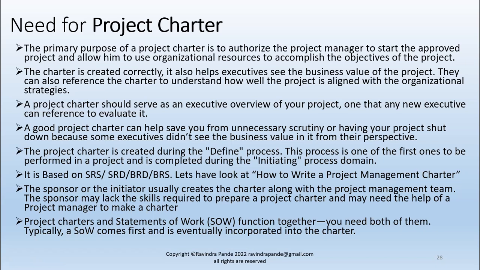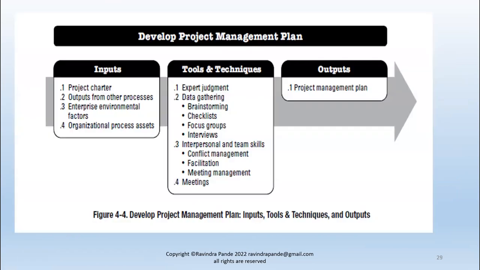SRS is the system requirement specification, the system requirement document, the business requirement document, or business requirement specification. These documents are labeled in so many ways. Additionally, we include SOWs or the contract or agreements we sign between the two organizations to the project charter, to make sure we have the project charter at our disposal.